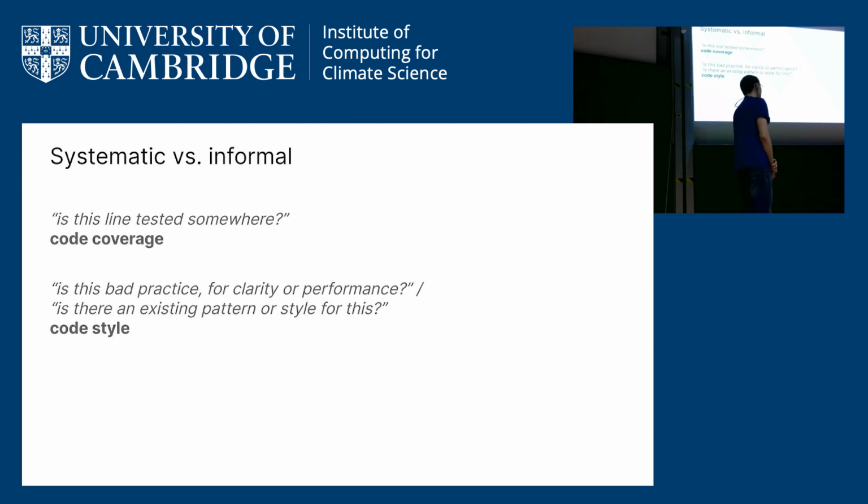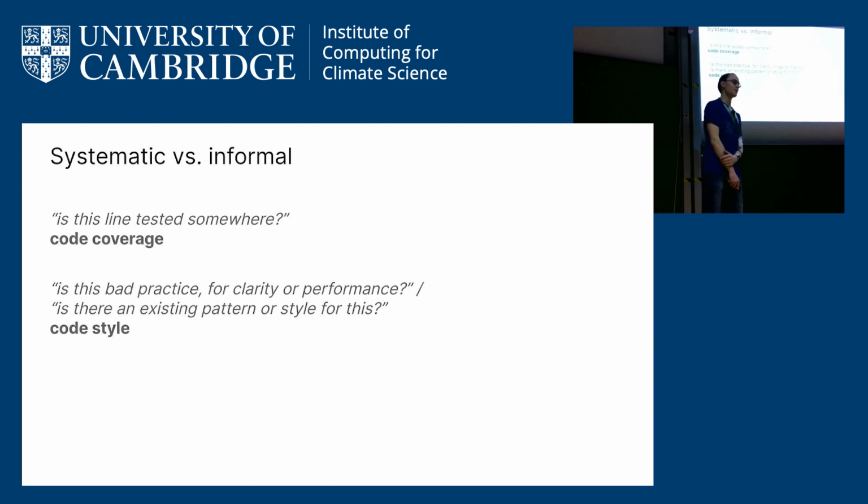Similarly, for code style, it's worthwhile to be fussy about code style, not just for clarity reasons, but sometimes performance. I seem to remember in Python, you have to be a little bit careful using for loops if you're trying to do fast numeric operations, because they tend to slow you down lots.